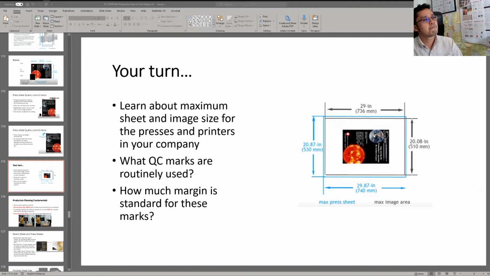Maximum sheet size. Okay, what is the size for maximum sheet size? 530 mm by 750 mm. So what is the size for inch?